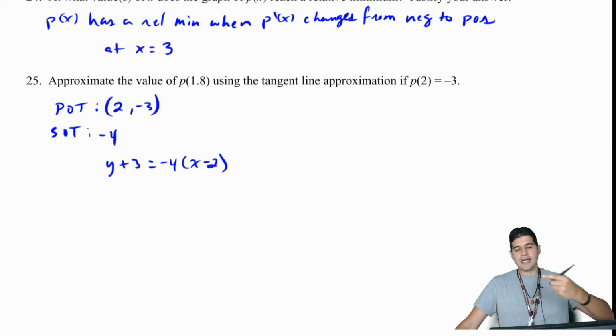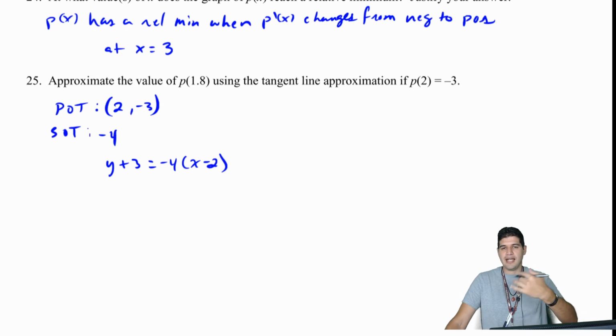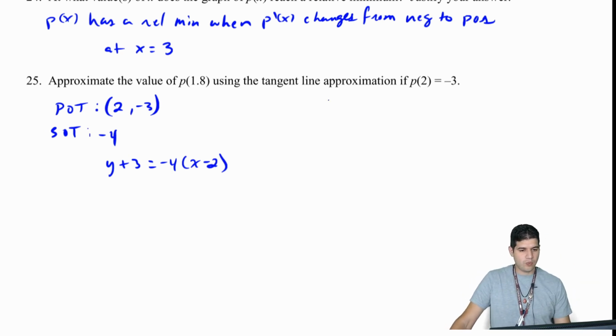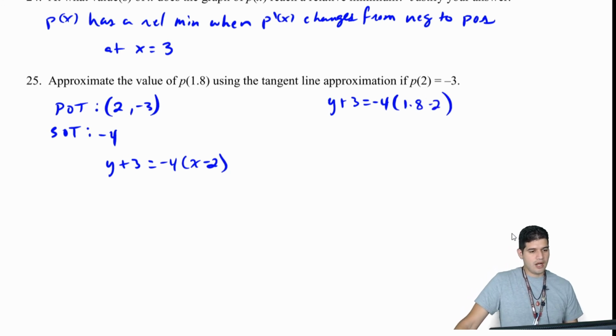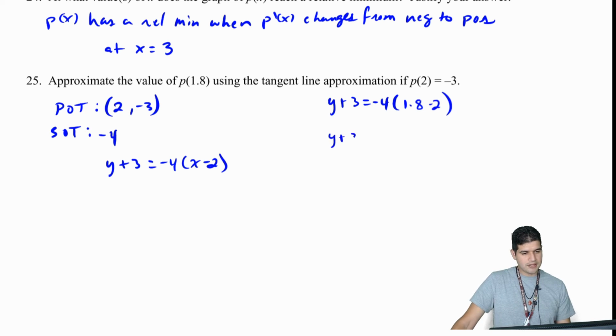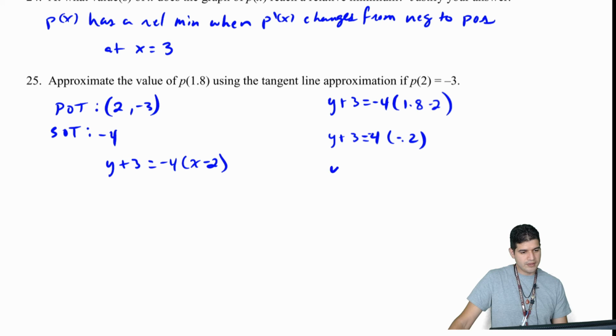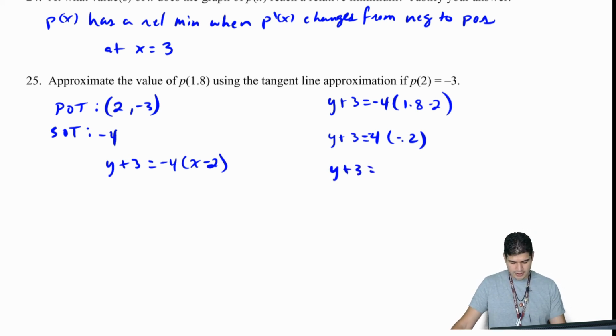Now I'm going to substitute 1.8 to make a tangent line approximation. So y plus 3 equals -4 times 1.8 minus 2. Let's solve for this. 1.8 minus 2 is -0.2, and -4 times -0.2 gives y plus 3 equals +0.8.